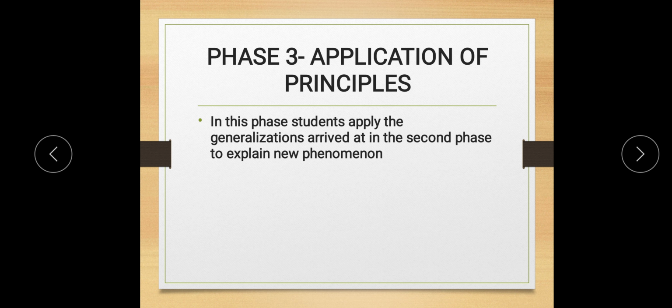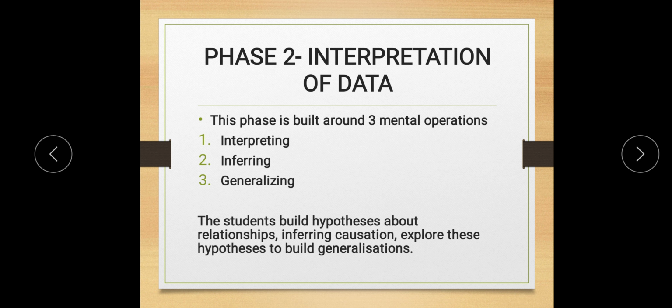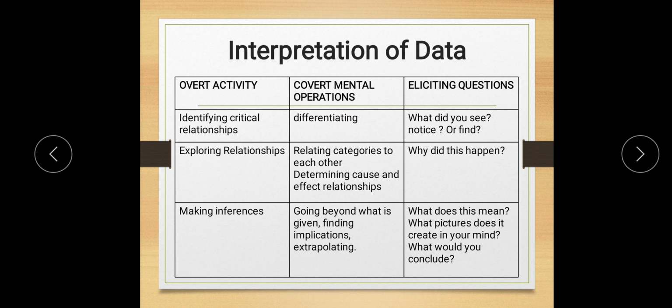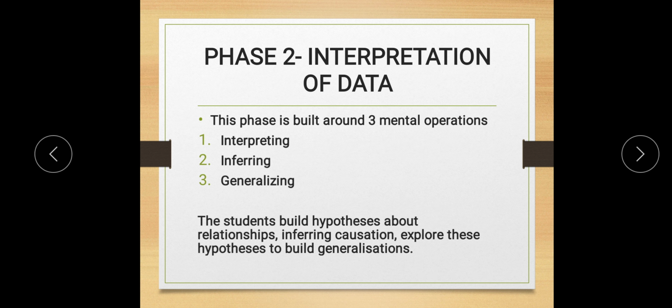Now the third part is application of principles. In this phase, students apply generalizations arrived at in the second phase to explain new phenomena. Now, as we have seen in the previous table, that is interpretation of data, making inferences. Making inferences is nothing but coming to conclusion, as in coming to a summary of the overall process that they have gone through.